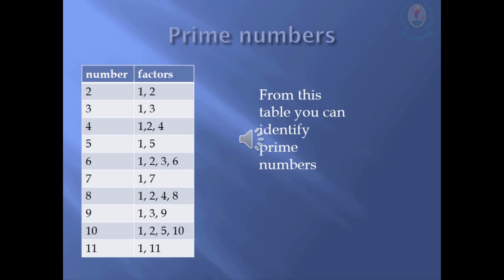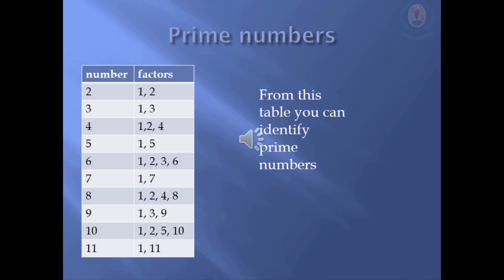In this table you can see some factors of several numbers. The factors of 2 are 1 and 2. The factors of 3 are 1 and 3. As well as you can see the factors of 2, 3, 4, 5, 6, 7, 8, 9, 10 and 11.